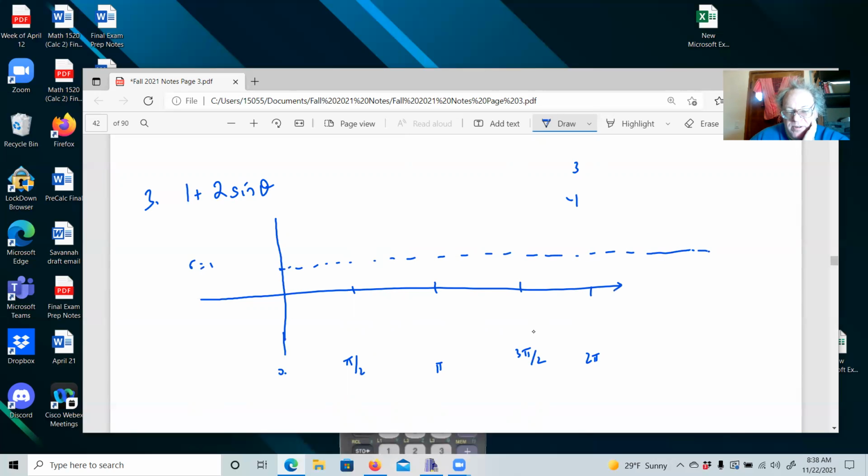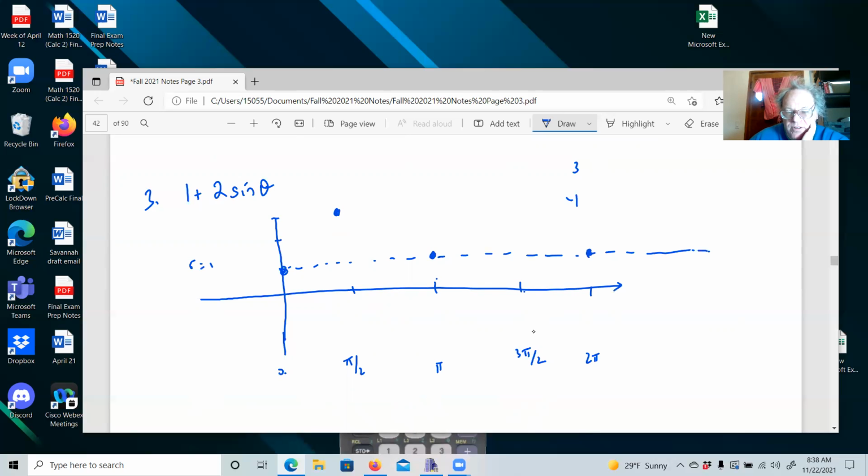When theta is equal to 0, sine of 0 is 0, so it will be 2 times 0, which is 0, plus 1. When we have pi over 2, sine of pi over 2 is 1, so we have 1 plus 2 would be 3. We go over to pi, we're still going to get 1 here as well.